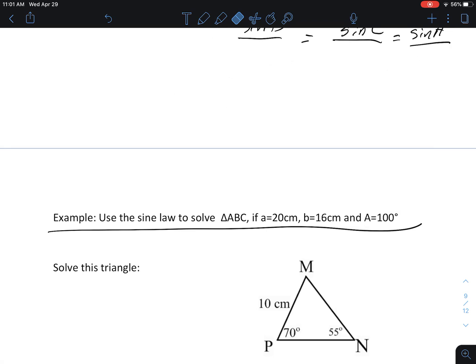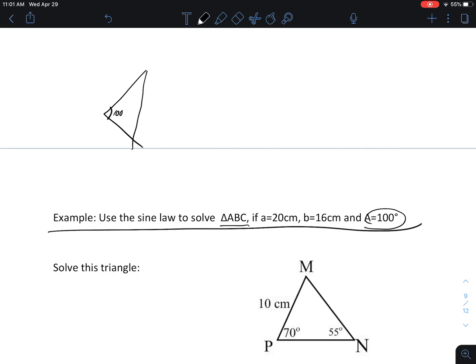Okay, this one, I'm going to do above it because I don't have enough room to do it below. I'm just going to clear up some space here to do that. So, I have to draw triangle ABC first. So I'm just going to draw any old triangle. There I have it.